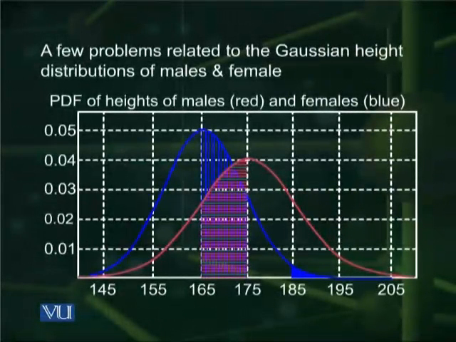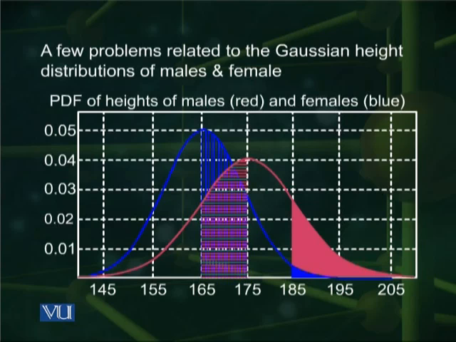This event of a boy being taller than 185 centimeters is shown with the solid red area, but it also includes the solid blue area. So the total of the solid red and solid blue area represents the total area under the red distribution from 185 centimeters to all the positive values.